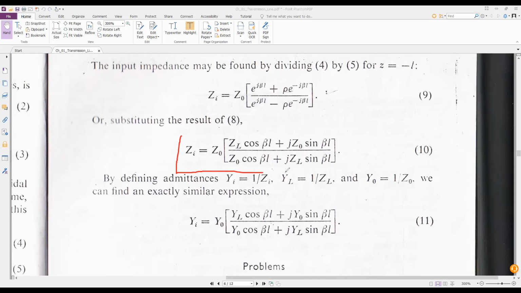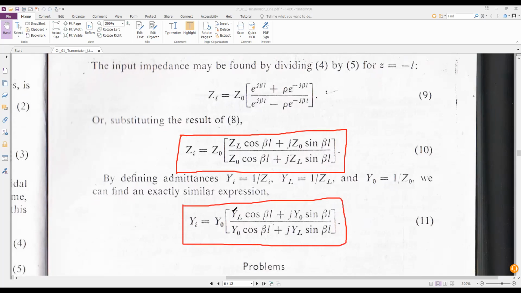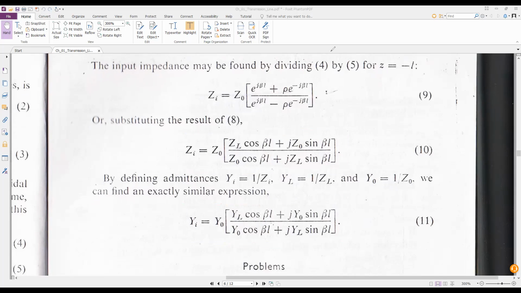Zi is equal to Z naught, this, and Yi is equal to Y naught, this. So these are the input impedance equation and input admittance equation. You can solve this for the maths, and I think some maths are there here.